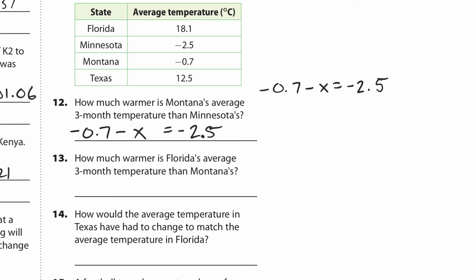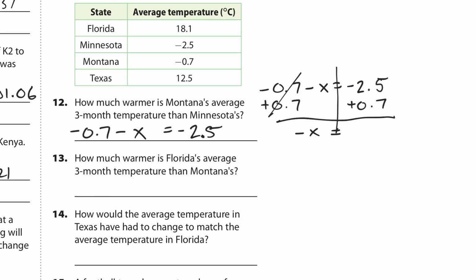Okay, so we want to get x by itself, so let's add 0.7, those additive inverses there. So adding 0.7, and you do it to both sides of the equal sign. These cancel. We have negative x is equal to, now these are two different signs here, so you have to subtract them, and there's more negatives than positives.